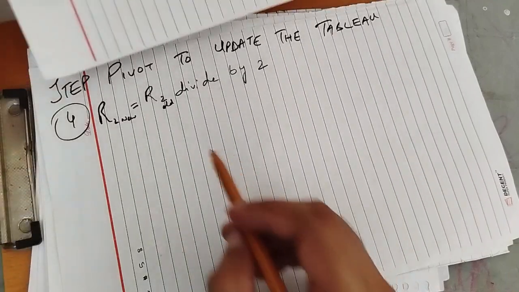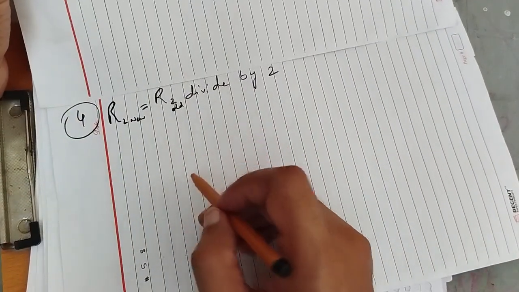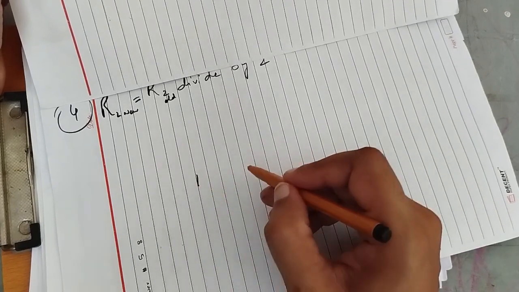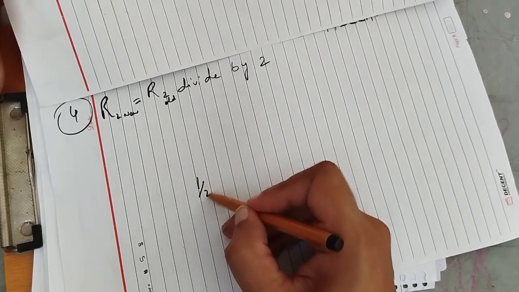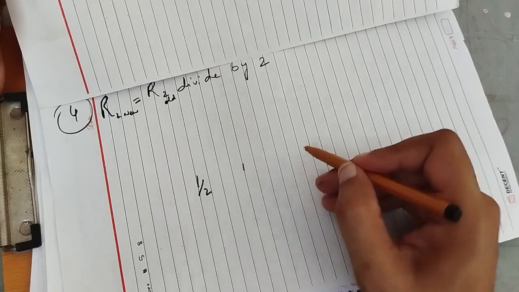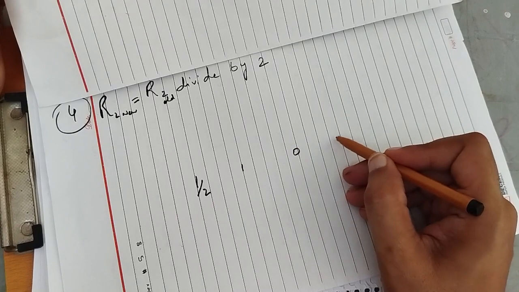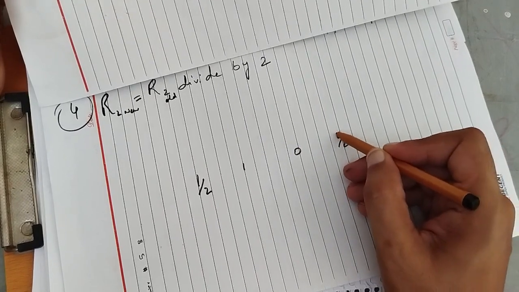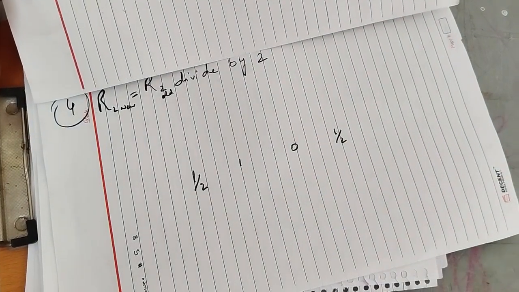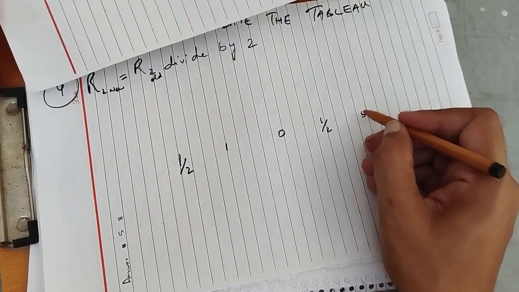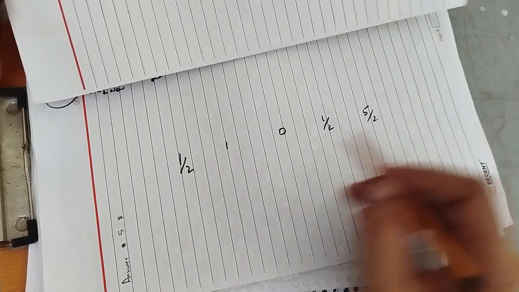So what would it be? It would be 1 by 2, 1, 0 by 2 is 0, 1 by 2. So it would be this. And the 5 would be 5 by 2, the right hand side of this.